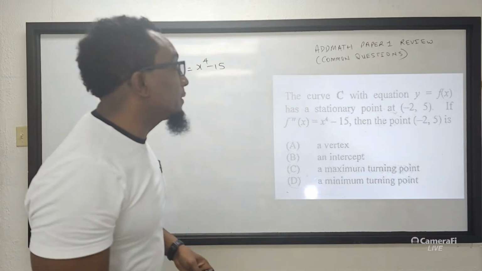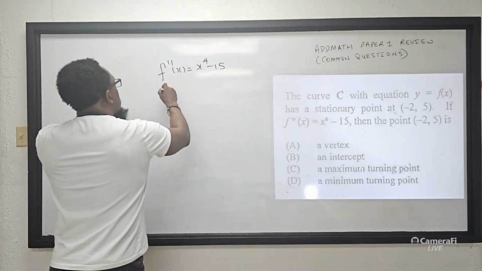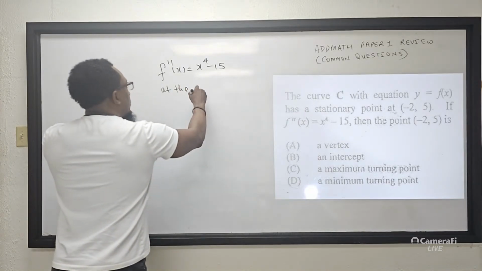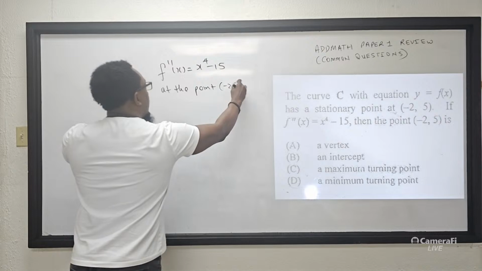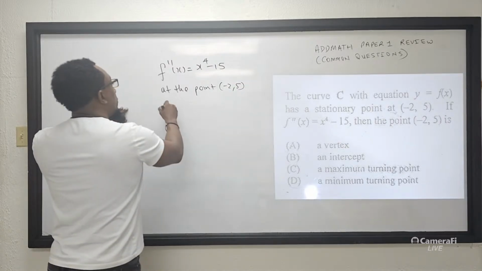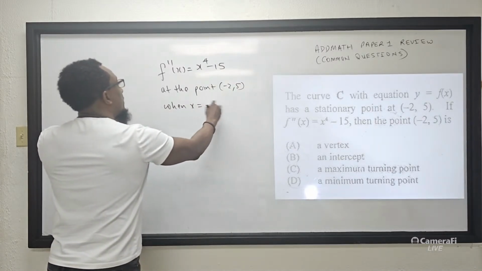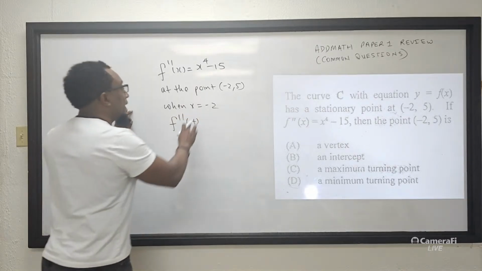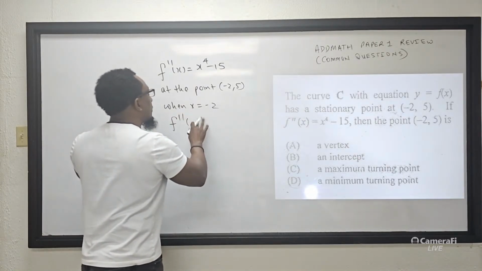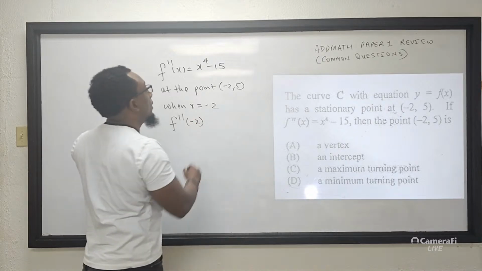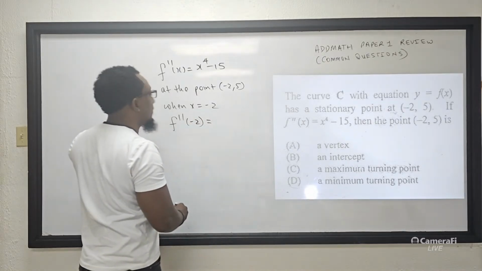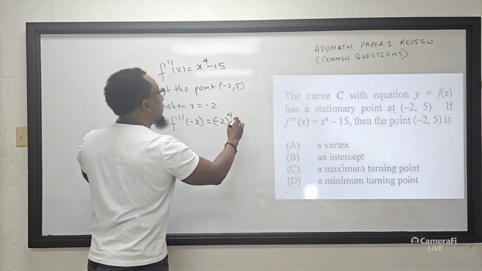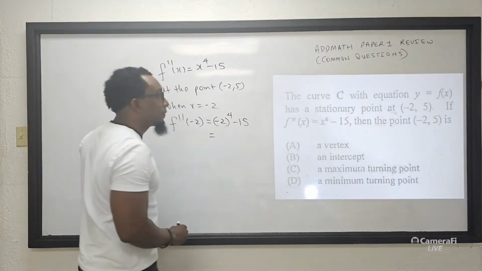So when the point is negative 2, 5, we're going to substitute x equal to negative 2 into your second derivative. Yeah? This becomes negative 2 in brackets raised to the power of 4 subtract 15.